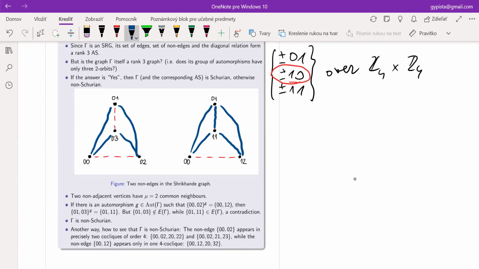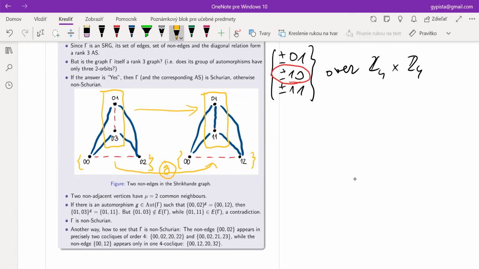So this means that if there is an automorphism g sending this non-edge to this non-edge, then clearly this pair of vertices has to be mapped to this pair of vertices. But g is an automorphism, so the pair (0,1), (0,3) cannot be mapped, for example, to the pair (0,1), (1,1), because this would mean that I mapped a pair of non-adjacent vertices to a pair of adjacent vertices.